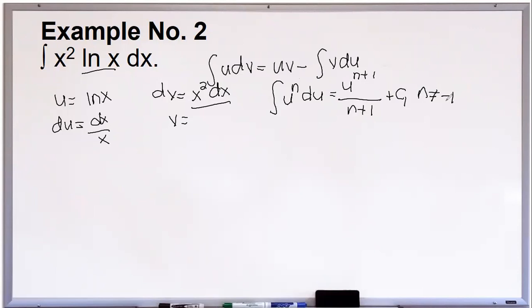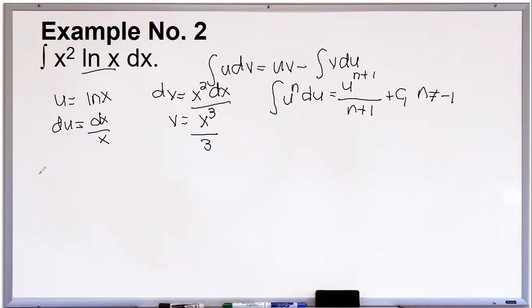Sabi ko nga kanina, pag nag-equal siya sa negative 1, magiging undefined yung ating function. Okay, so this will be x cubed over 3. Add 1 mo lang dito sa 2, then over 2 plus 1, so x cubed over 3.